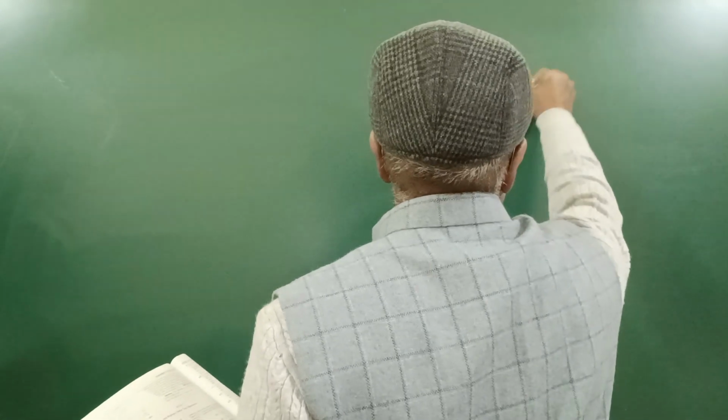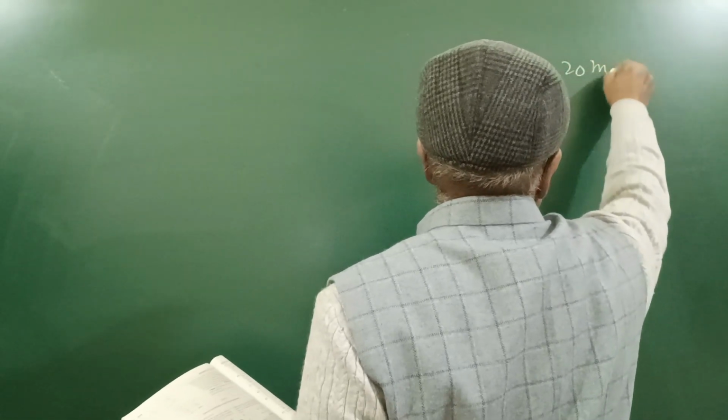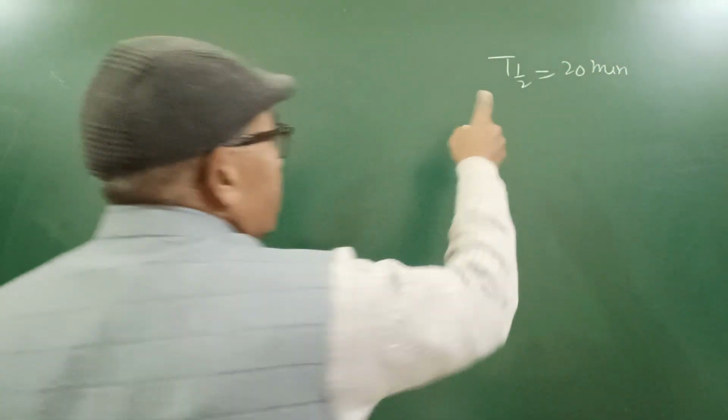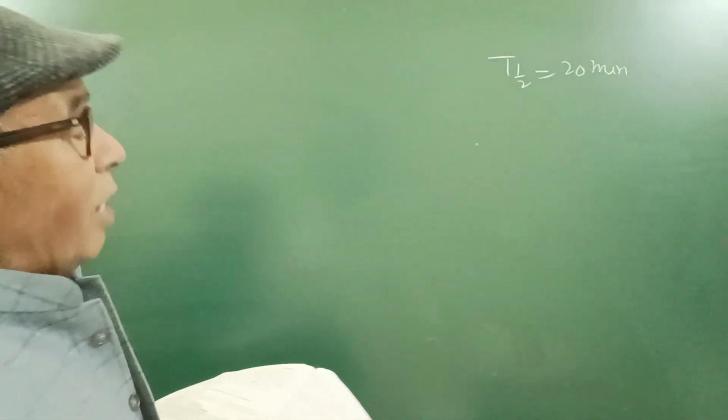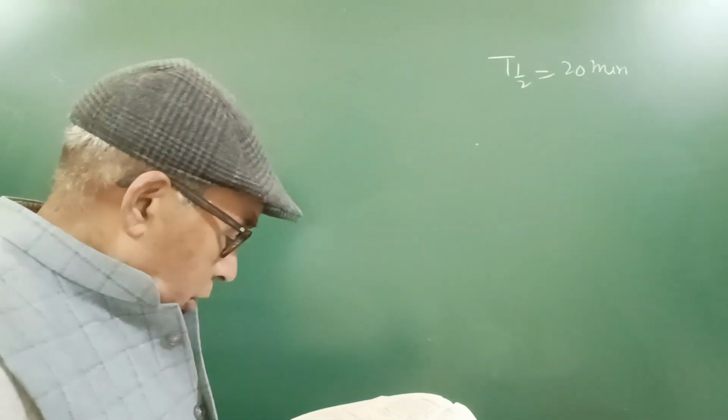Now the next question. Half-life of a radioactive substance is 20 minutes. Don't take T by 2, it is T half, 20 minutes.